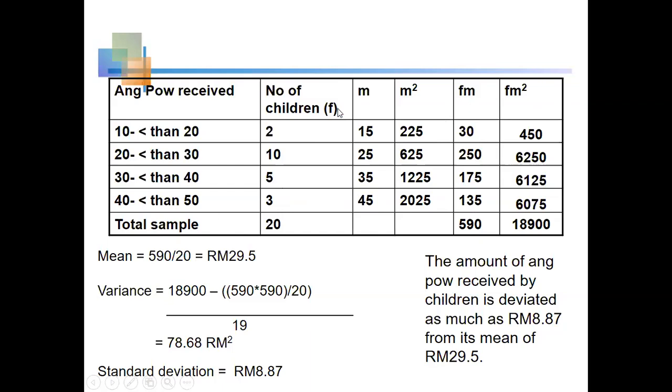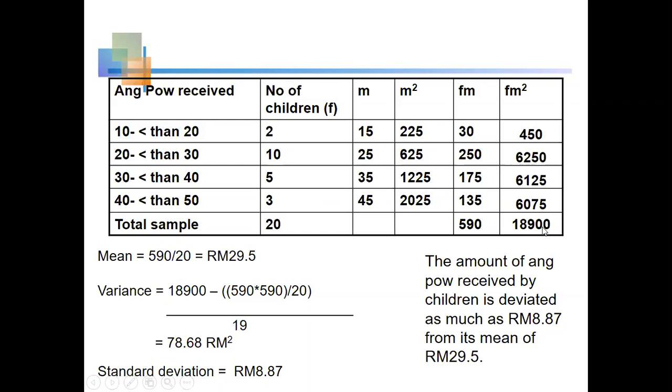Then you need to calculate your fm square, so frequency times midpoint square. 2 times 225 will be 450. 10 times 625 will be 6,250. 5 times 1,225 will give 6,125. 3 times 2,025 will be 6,075.